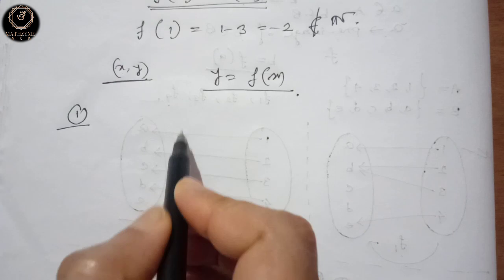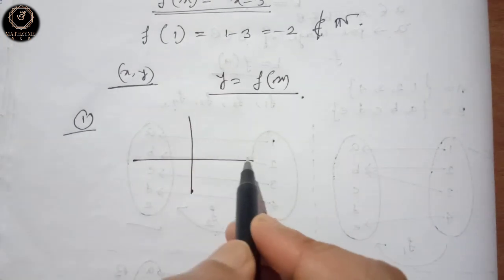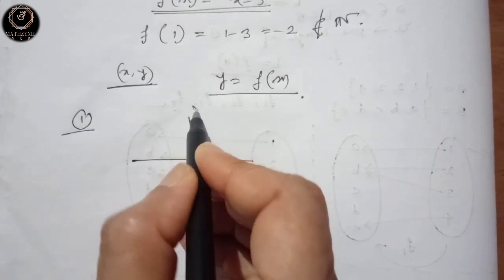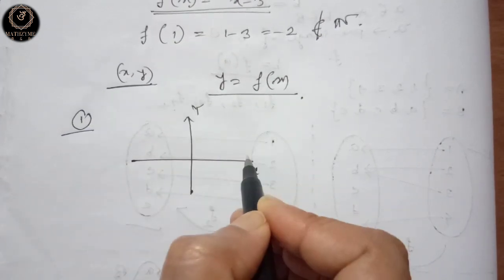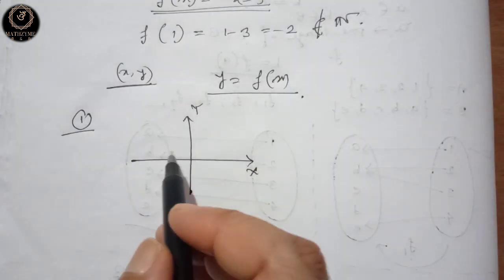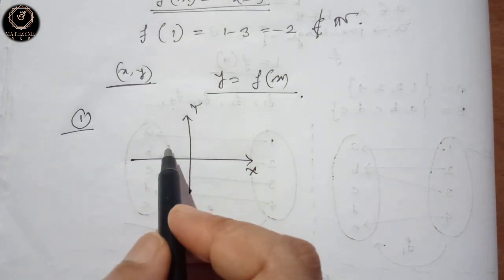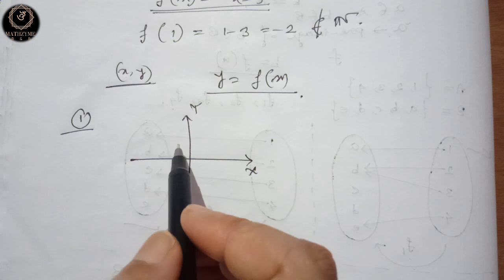That is, this is the Cartesian coordinate system, x and y. This is x and this is y. If every line drawn parallel to the y-axis cuts the graph.